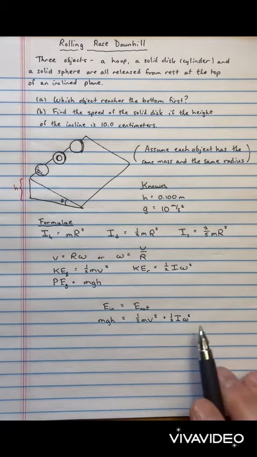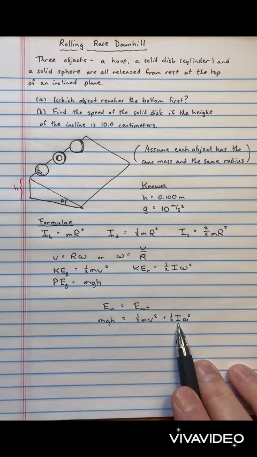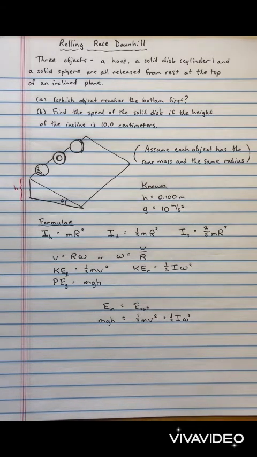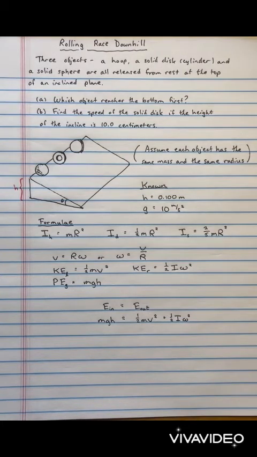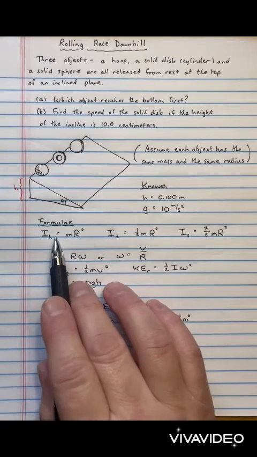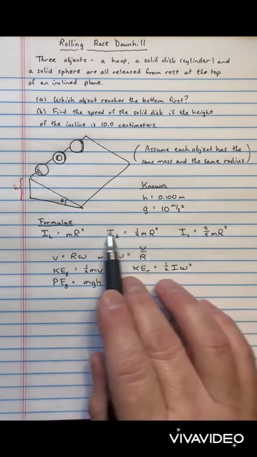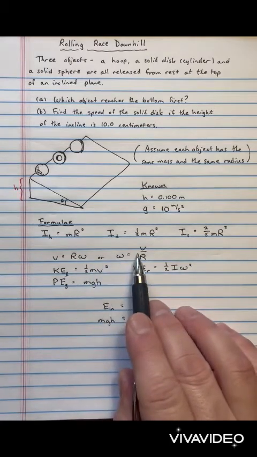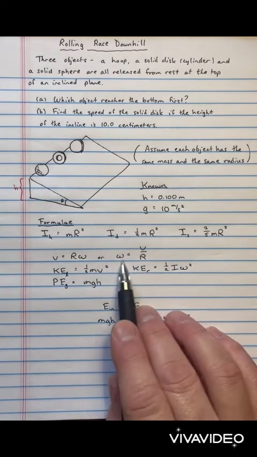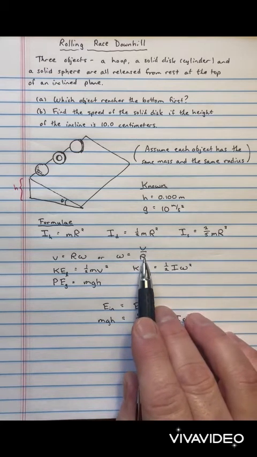Remember, I stands for moment of inertia, the resistance to change of rotational motion, or the analog of mass for linear motion. And omega is rotational velocity, the analog of linear speed. What we've got written up here at the top are three separate formulas for the moments of inertia for these different shapes. And as an extra bonus, we've got the rotational velocity written in terms of velocity and radius.